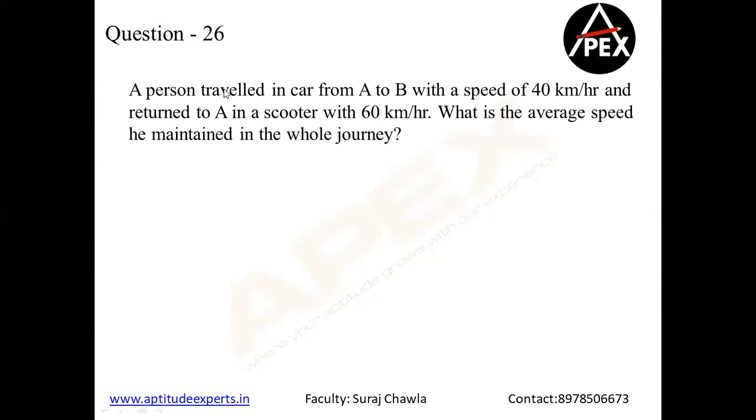The question says a person traveled in a car from A to B with a speed of 40, and then returned back to A at a speed of 60. Thank God you did not give me 50 as the answer.